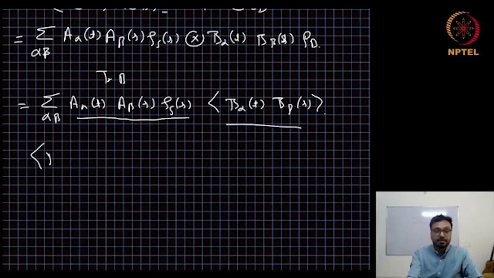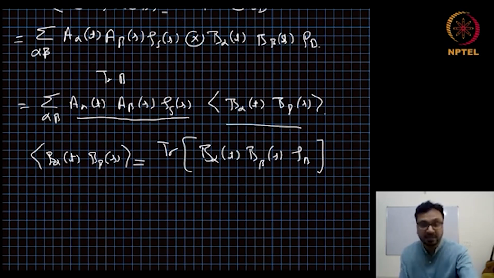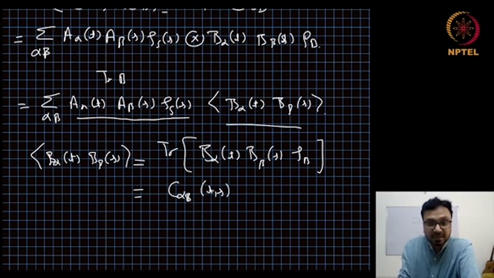So B alpha at t, B beta at s, which is trace of B alpha at t, B beta at s, and rho b. This is the 2-point correlation function of bath operators at time t and s. And let us call them C alpha beta (t,s).